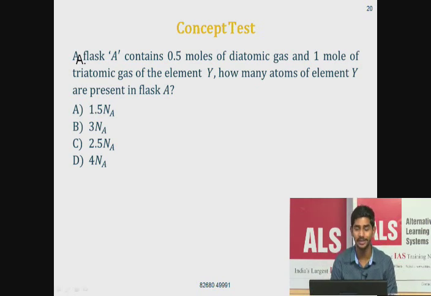They are saying flask A contains 0.5 moles of the diatomic gas and 1 mole of the triatomic gas of element Y. How many atoms are present?